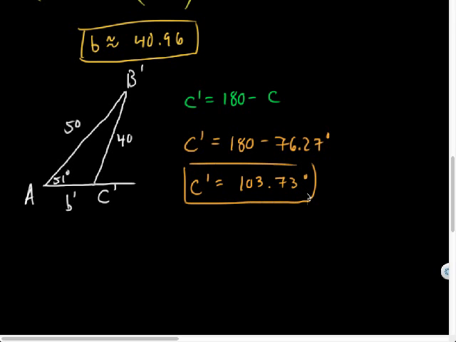So there's C prime. So now that I know C prime, 103 degrees-ish, now I can find B prime. And I'll find B prime just like I did back in the day. B prime is going to equal 180 minus the sum of angle A plus angle C prime. And I actually do recommend drawing the two triangles just so it doesn't get confusing.